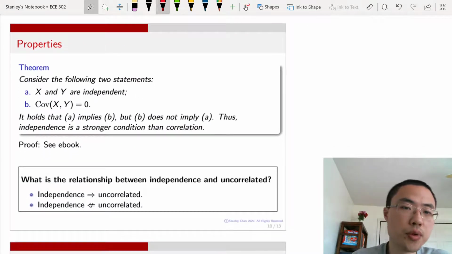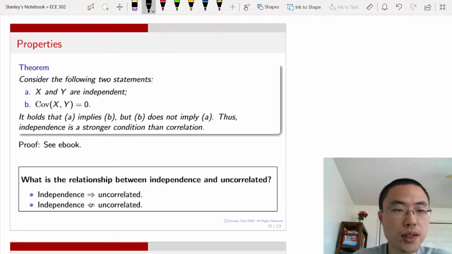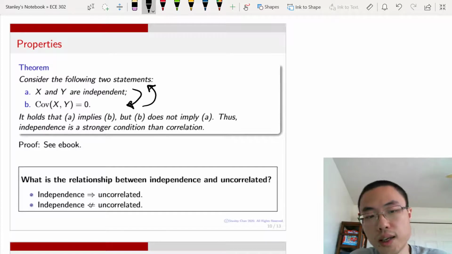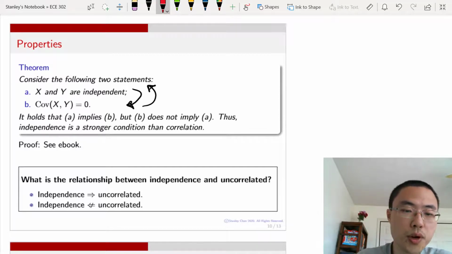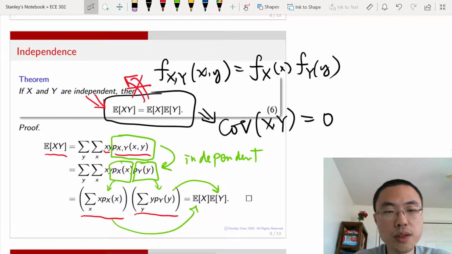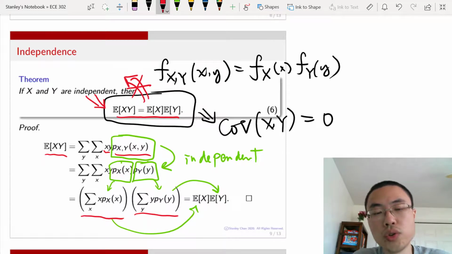This is a very important theorem. Consider these two statements: x and y are independent, and the covariance of x and y is 0. This implies that, but this doesn't imply that. Independence would imply uncorrelated, because if you're independent, then the expectation of xy equals the product of expectations, and therefore the covariance will be 0, and so it is uncorrelated.